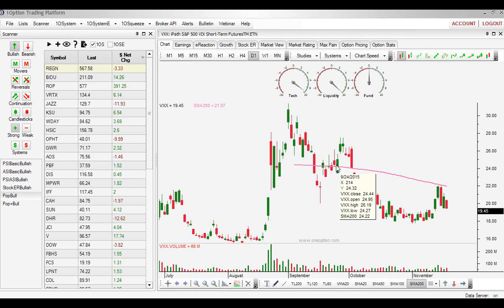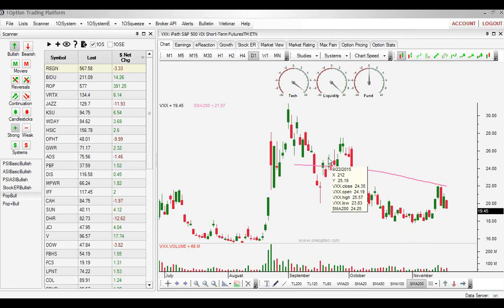This is not good. Then it came up here and started to falter, and as soon as it started to drop, I went, okay, it's time to get back in. I got back in at a better level, and now I really had some conviction because I knew that there was a resistance line that I could lean on as well. And then when it dropped through that 200-day moving average, hello.